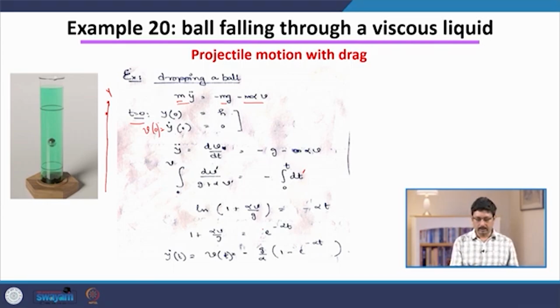If you integrate you get a log function, and if you rearrange the terms you can solve for the velocity as a function of time, and it turns out to have this particular expression. It is in the negative direction, which means that the ball is going down, because we have taken the upward direction as positive in our coordinate system.